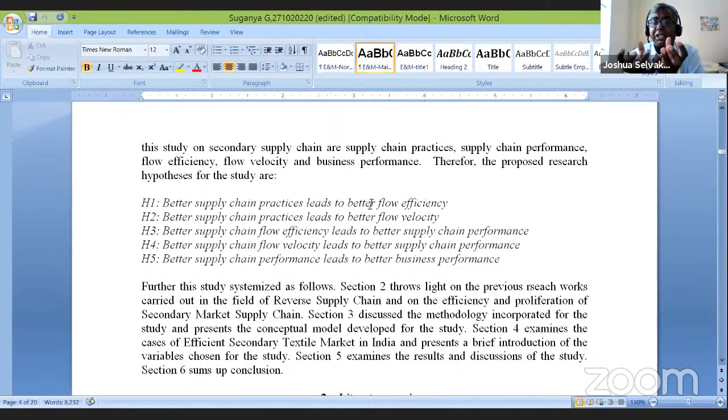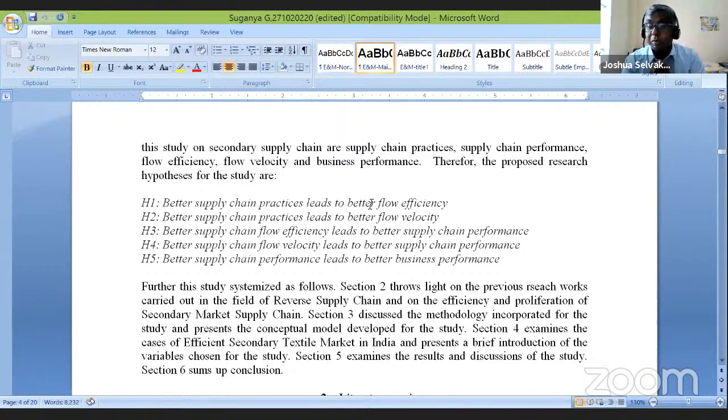It causes congestion of the supply chain, it causes inventory, it causes idle stock, it causes capital to be stuck in one place. All these problems come because the flow is very fast. So the flow velocity should not be at a very fast pace. It should be just at the right amount of speed.